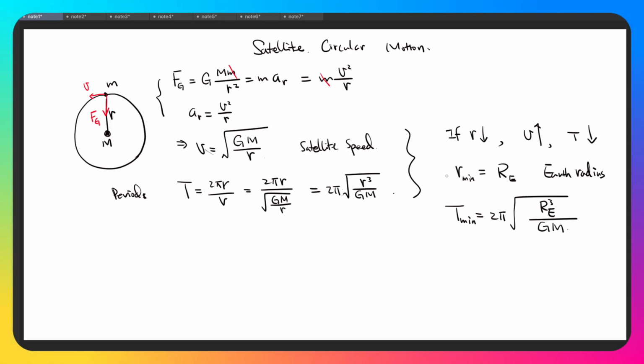Okay, and if you plug in the Earth mass and the Earth radius in this equation, then you should be able to calculate T minimum. I think it's around 40 minutes.